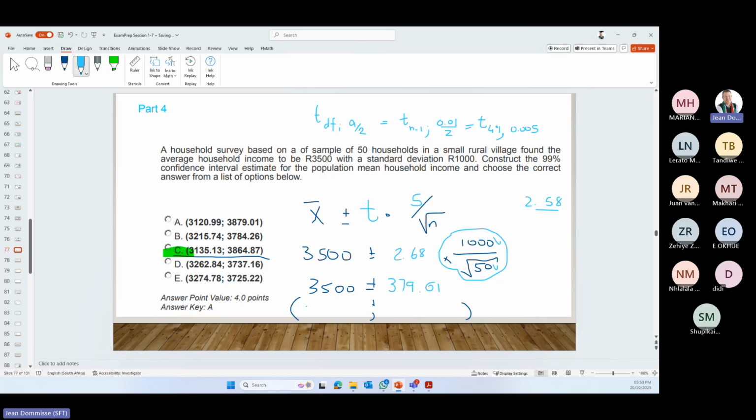Okay, so 3,500 plus 379.01 is 3,879.01. Okay, so there at least is one of them. Let's just check the bottom one.